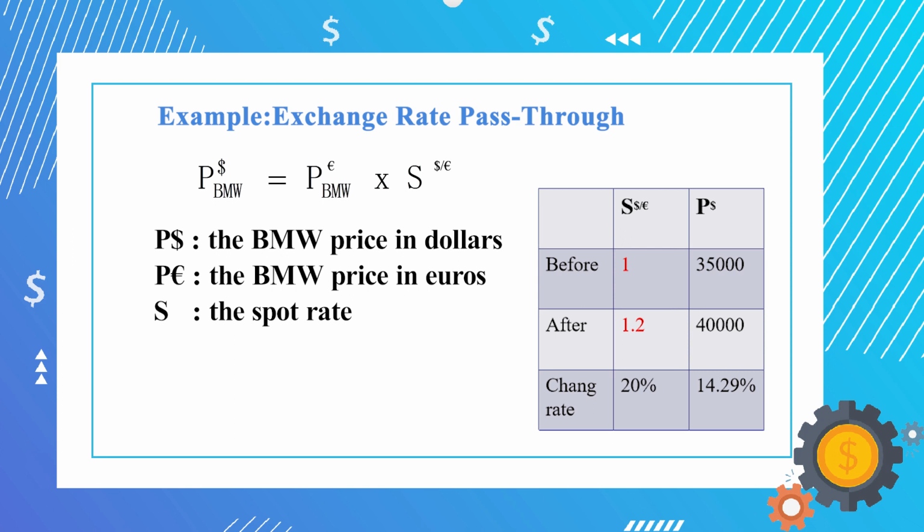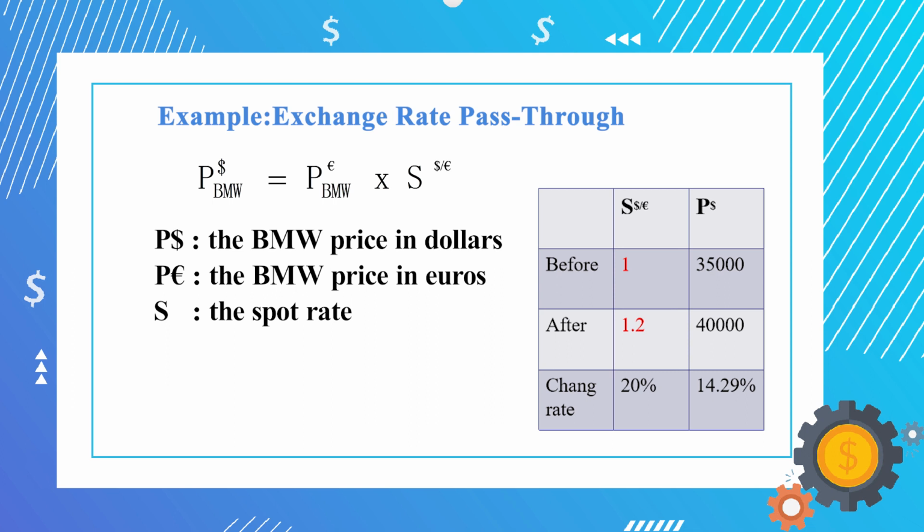From the data in the table, we can calculate the change of exchange rate, which is 1.2 minus 1 over 1, that is 20%. Well, the BMW's price in dollars changed only 14.29%.